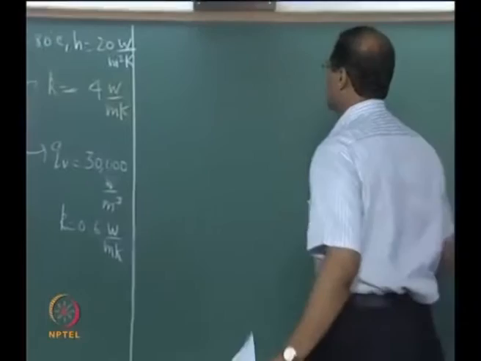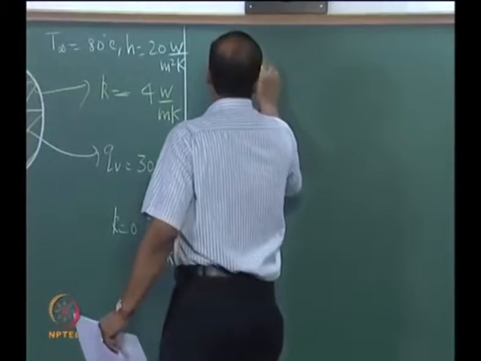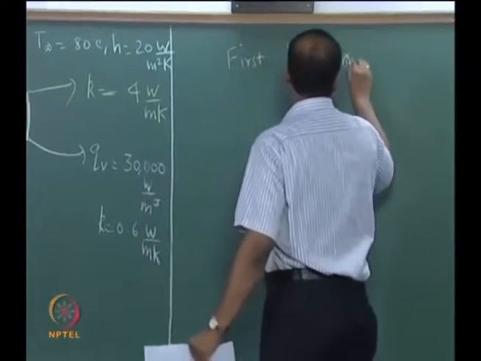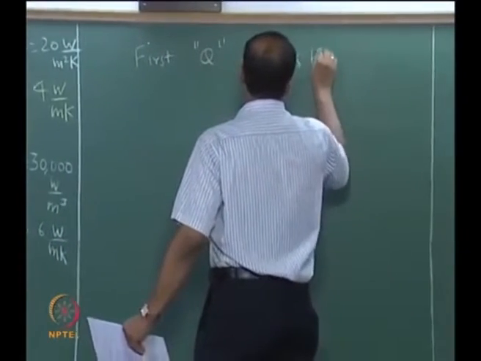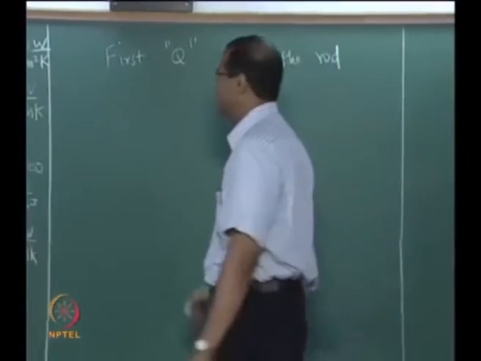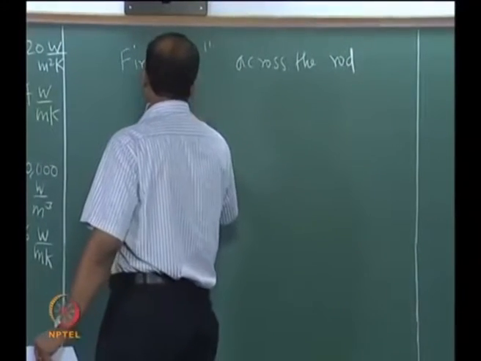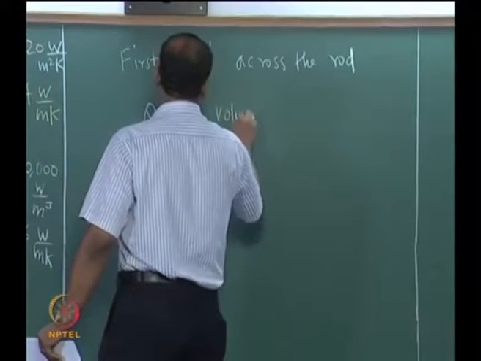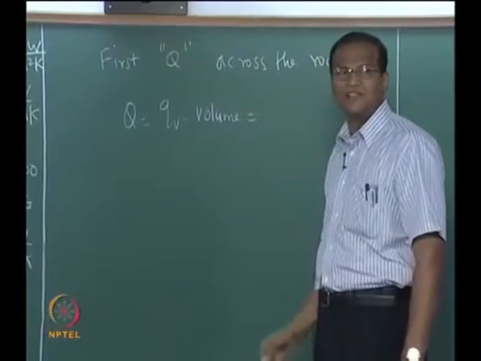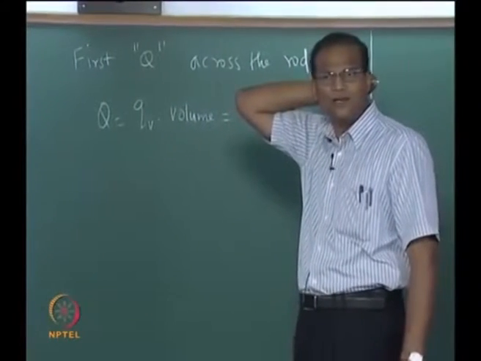Now, first the Q across the rod is given by... I have not given the depth in the direction perpendicular to the plane of the board. What should we do about that?